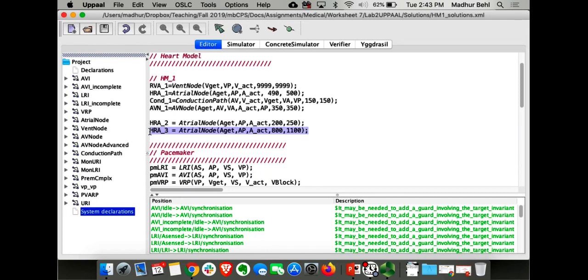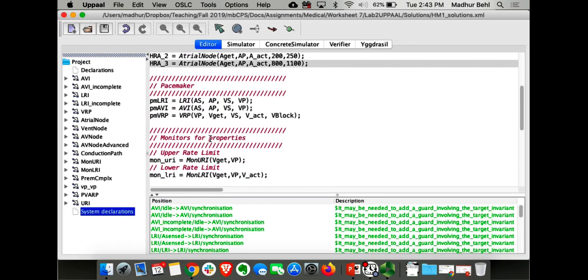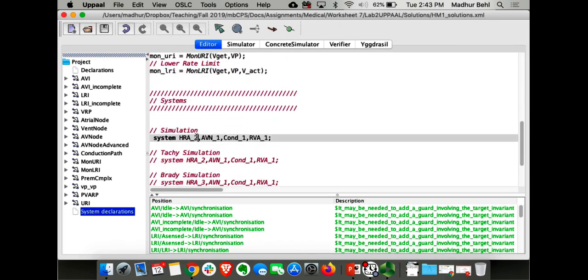Bradycardia, where it's the exact same node, but I'm instantiating it with roughly double, not exactly, the values of the normal sinus rhythm. So this time the pacing of the atria becomes very slow, between 800 and 1100. If I now go back to my system declaration, all I have to change is my atria object.